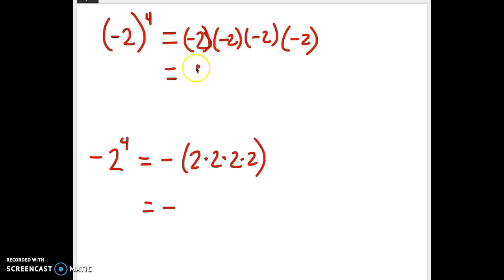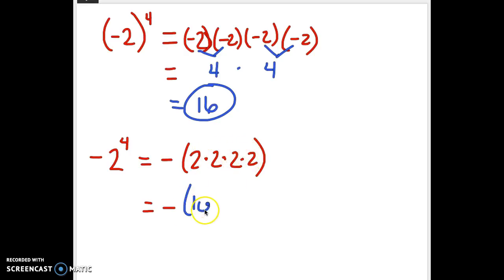Okay? And then the way it's listed up here, you have to figure out what it'll be. So watch this. I'm going to take 2 at a time. So negative 2 times negative 2 is a positive 4. Remember, 2 negatives make a positive. I'm going to do the same thing right here. Negative 2 times negative 2 makes a positive 4. And positive 4 times positive 4 is a positive 16. But down here, 2 times 2 is 4, times 2 is 8, times 2 is 16.